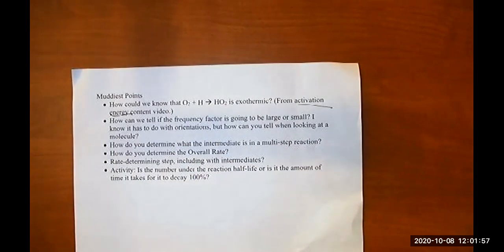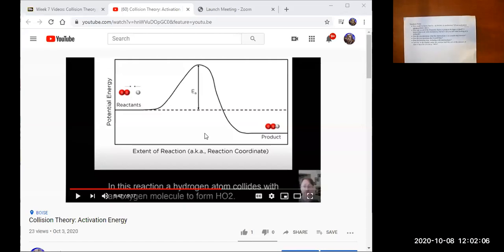So let me share a screen and switch this so people here can see it. This is the point in the content video where the reaction between O2 and a hydrogen atom was brought up.